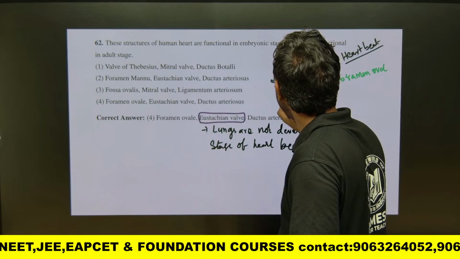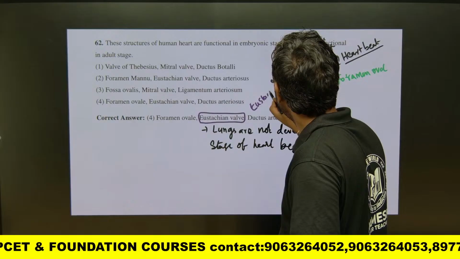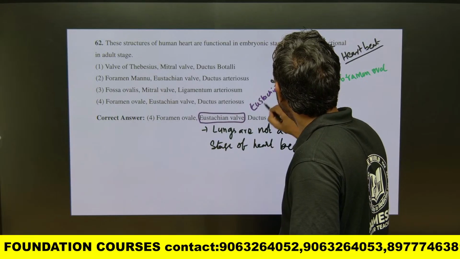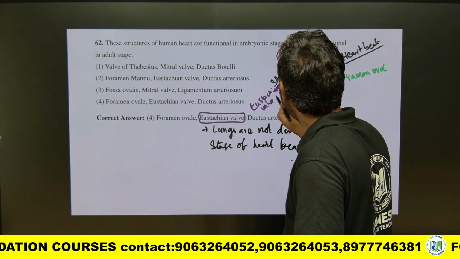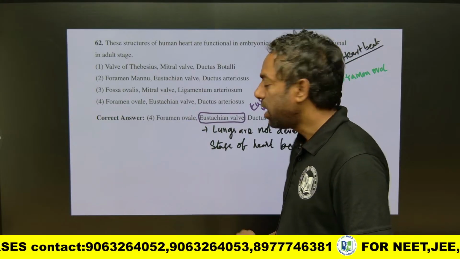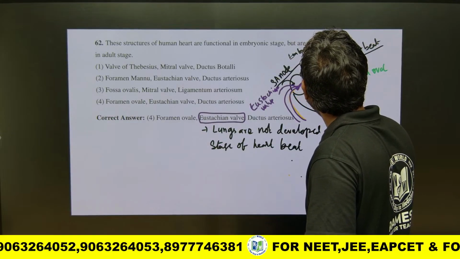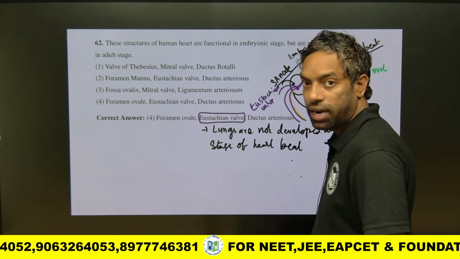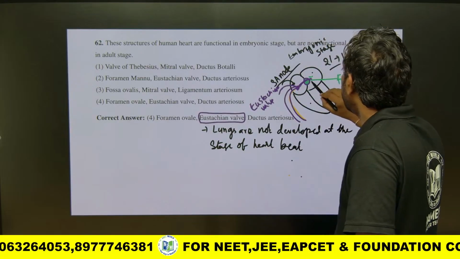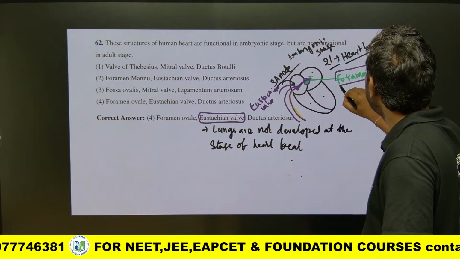The Eustachian valve takes the oxygen from the mother and gives it to the left atrium. That is the place of the foramen ovale.